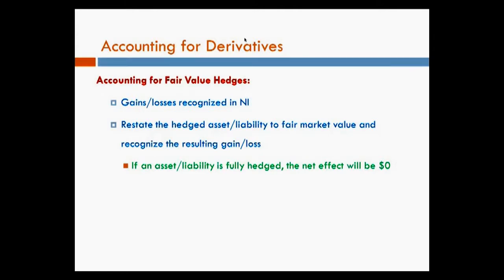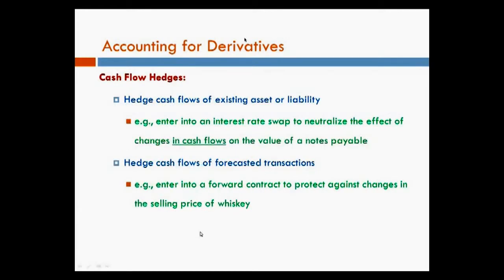That's if it's effective. A cash flow hedge. You're protecting cash flows. So instead of protecting the value of an asset, you're protecting a series of cash flows from changing in the future.